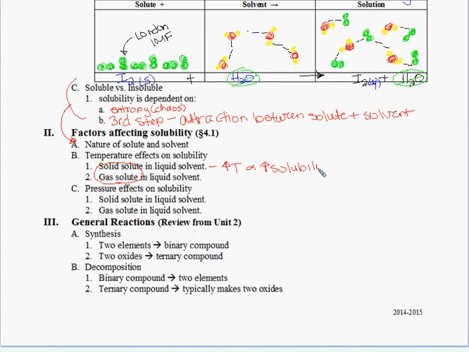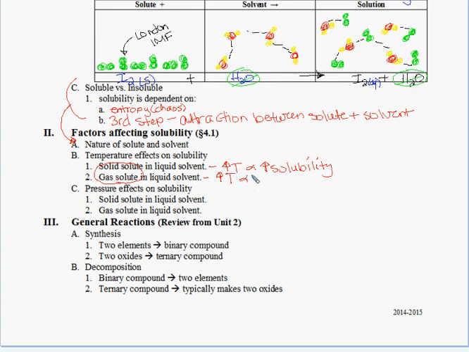Now, there are, of course, exceptions to that rule, but a good chunk of those solid solutes dissolving in a liquid solvent are going to have that effect where we can increase the solubility. And you might think of that as, if you want to dissolve some salt and you're trying to make pasta, if you warm the water, you see the salt is dissolving faster.